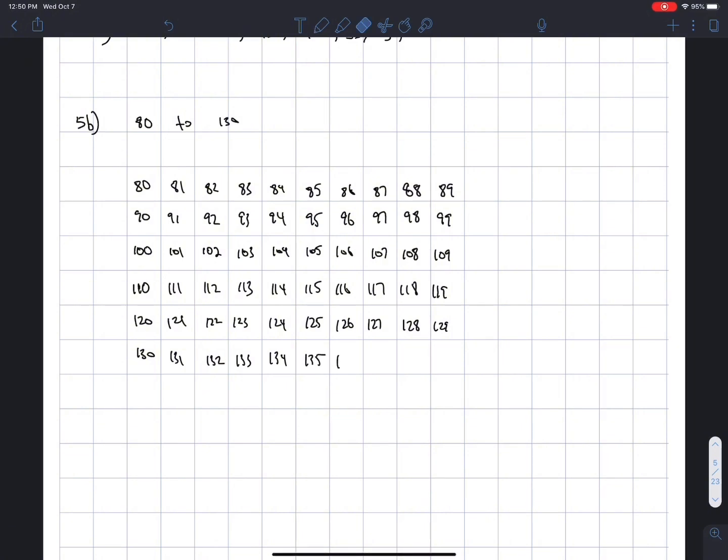Oops. I should stop at 130, sorry. So first step, I cross out all the even numbers because they are all divisible by 2.